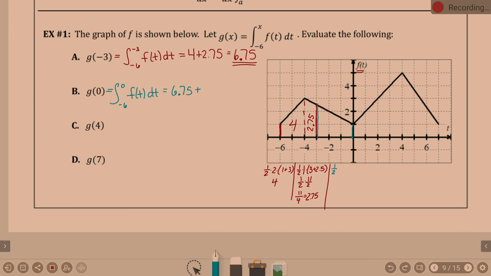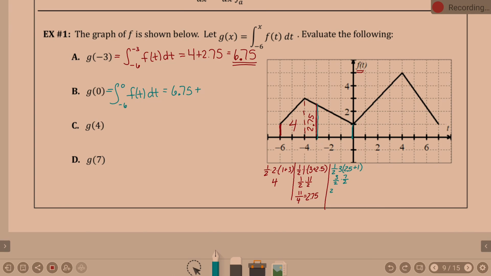1/2 times a height. Distance between the parallel bases is 3. And then the bases are 2.5 and 1. Okay. So half of 3 is 1.5. Sorry, guys. I did 3 halves just because I don't have the calculator in front of me. 2.5 plus 1 is 3.5, which is 7/2 in my brain.